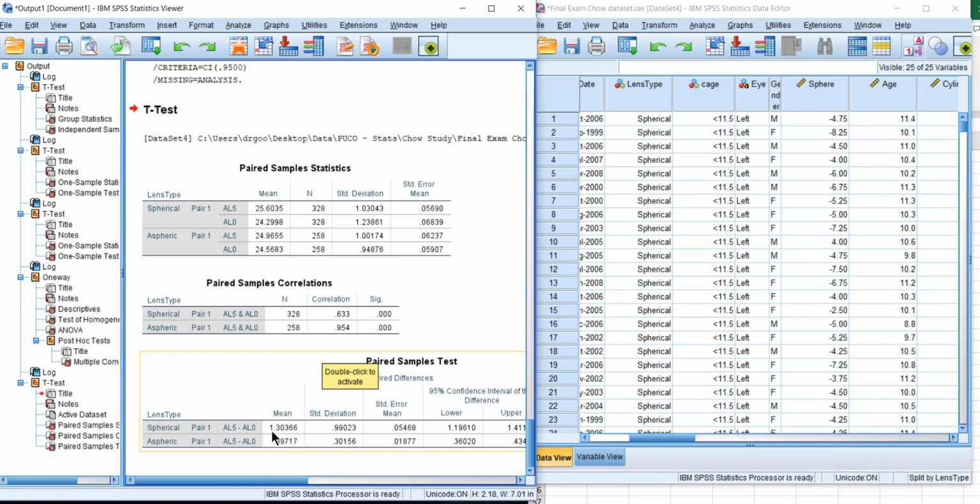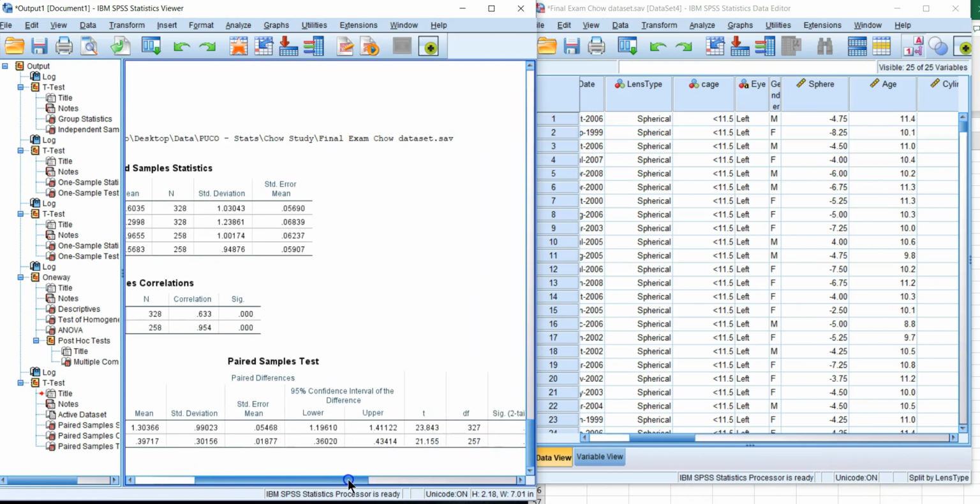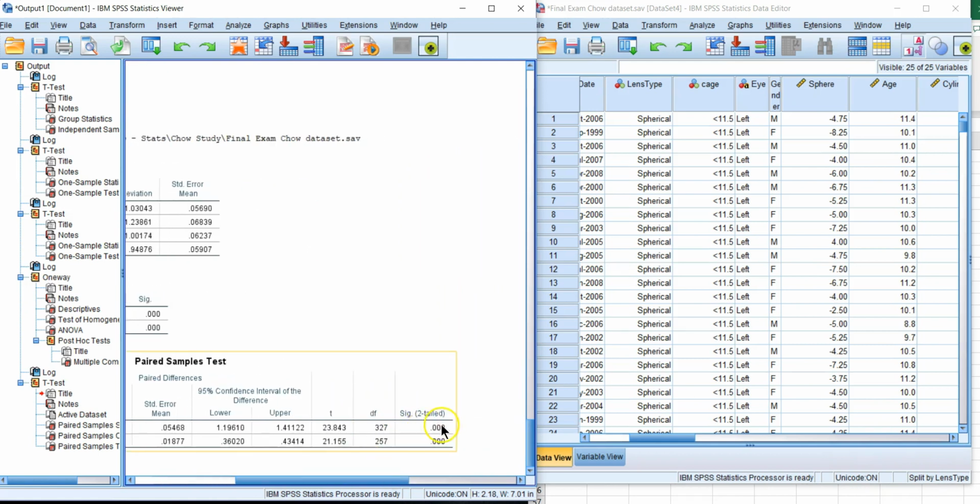The spherical lens axial length grew by 1.3 millimeters. The aspherical lens was 24.96 versus 24.56. They grew 0.4. Here's the t. They were both highly significant, so both lenses grew over time in these kids.